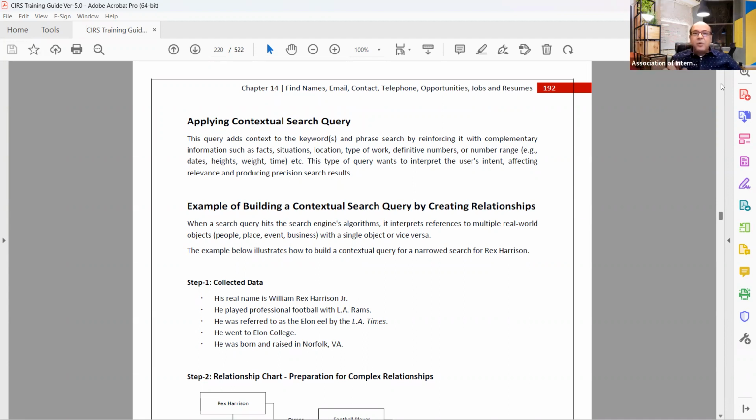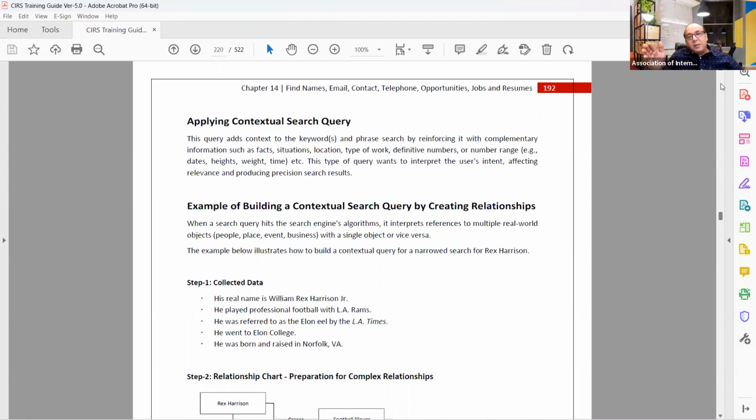Therefore, one has to design a method that is concise enough, and that takes out some of the contexts Rex Harrison has, but at the same time adds better context to the actual Rex Harrison you're looking for.